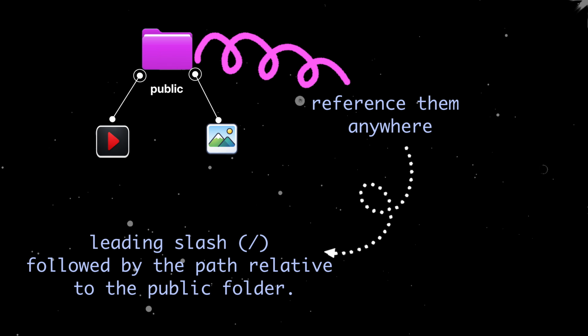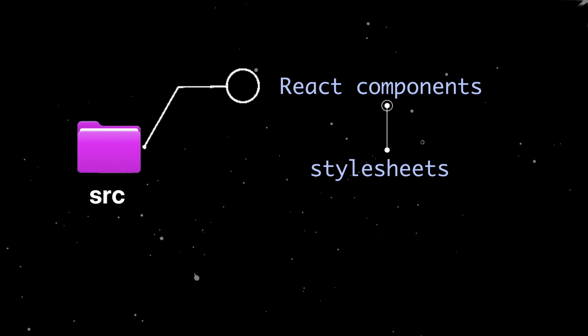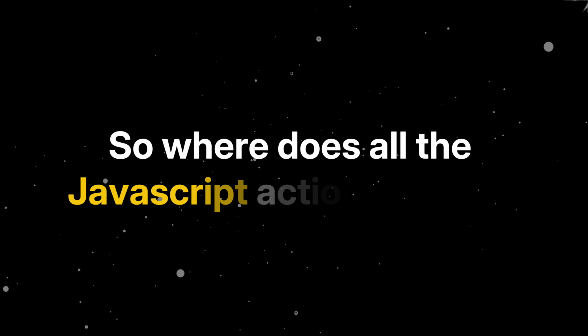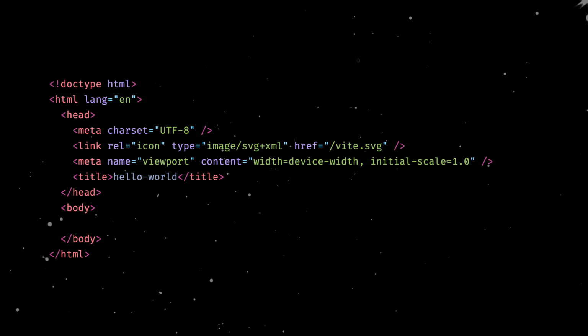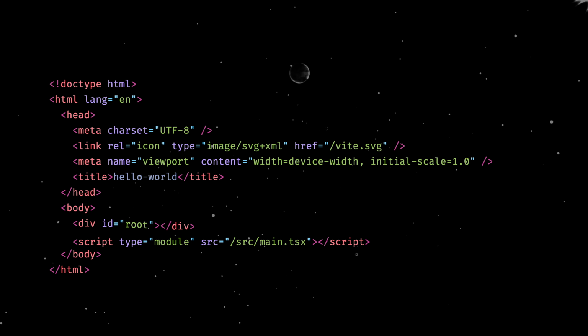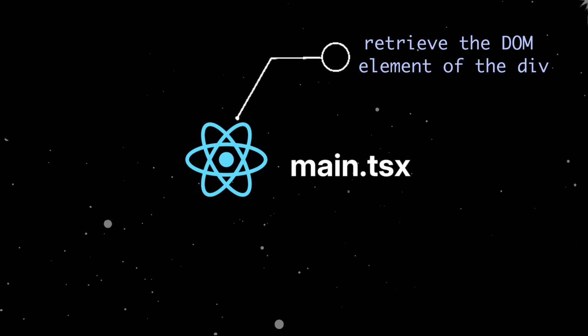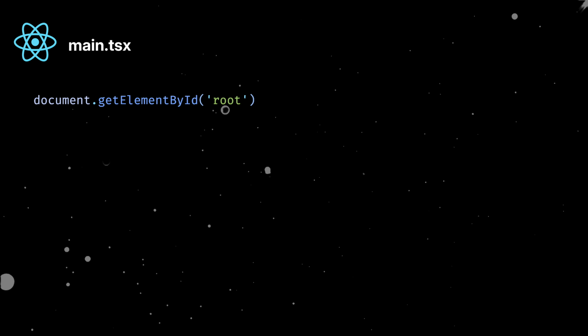The src folder holds all of our application's TypeScript code, including React components, their corresponding style sheets, and other logic. So where does all the JavaScript action happen? main.tsx. React literally binds itself to the index.html file here. Inside the main.tsx file, we retrieve the DOM element of the div with the ID of root, using the document.getElementById method.